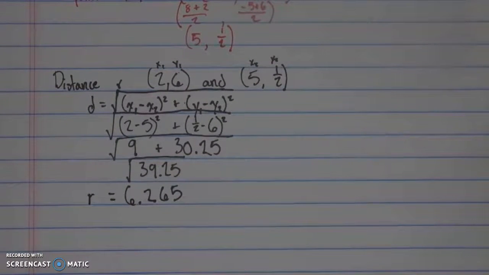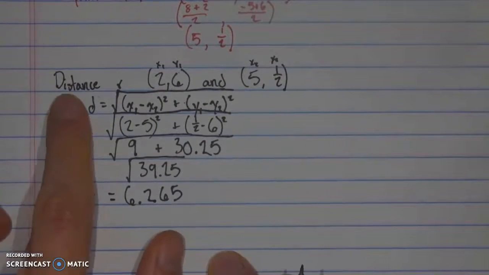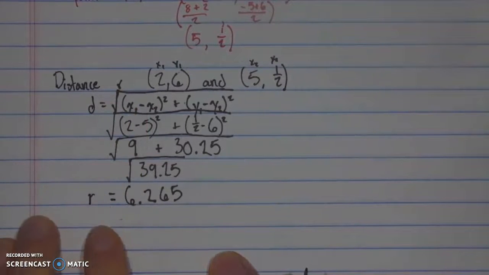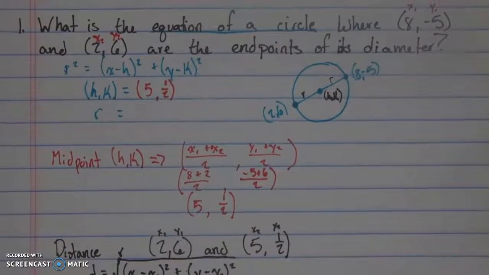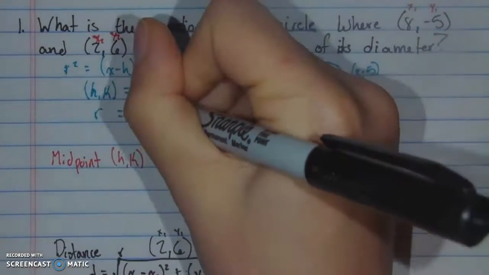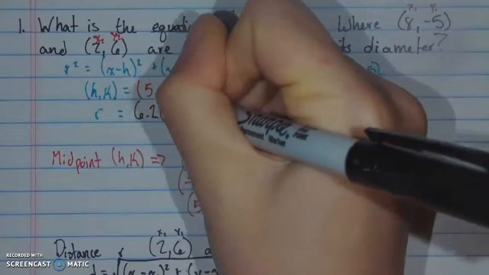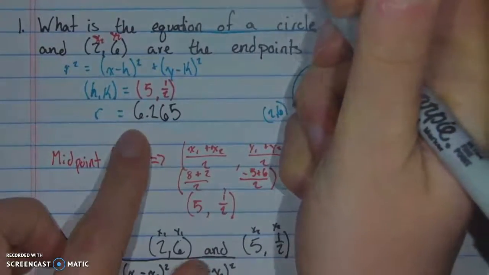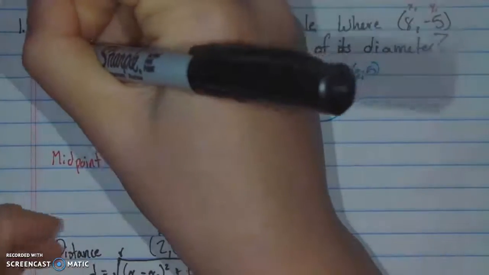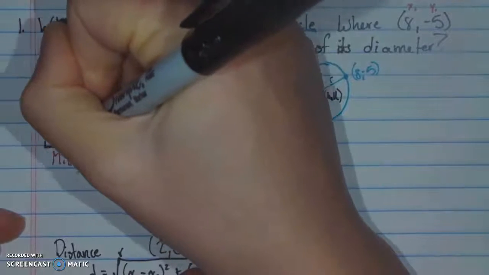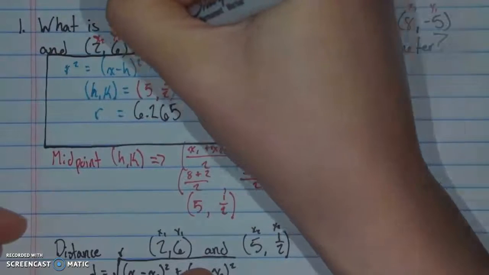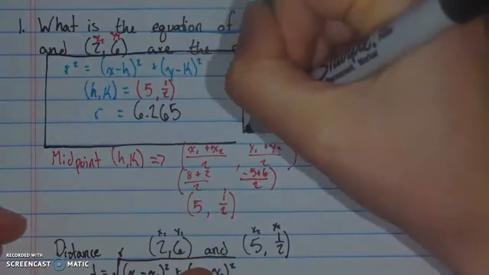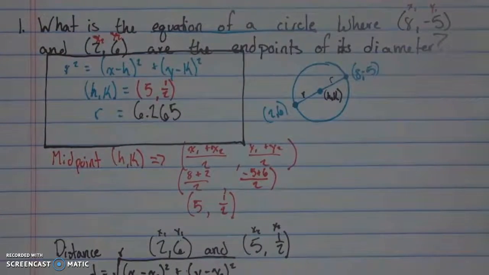So what I can do at this point is, now that I've found my distance, or r, I can substitute that into my original formula, and I'm just going to write that by r up here. Because at this point I can see that in my guideline I have fulfilled all of the things that I need to find in order to have the equation of a circle, which means that all I need to do is fill them in the actual formula.